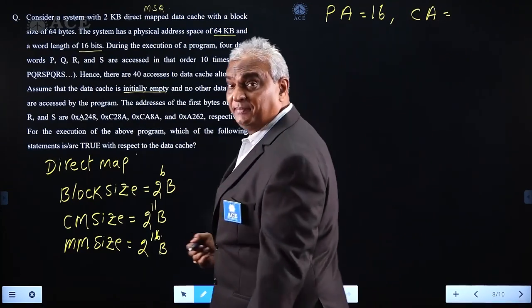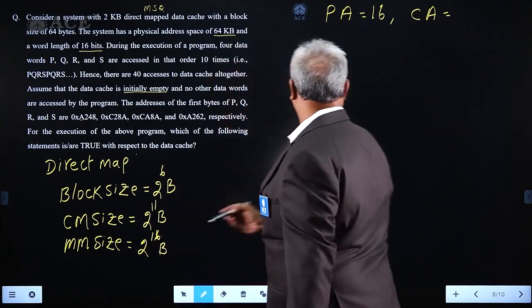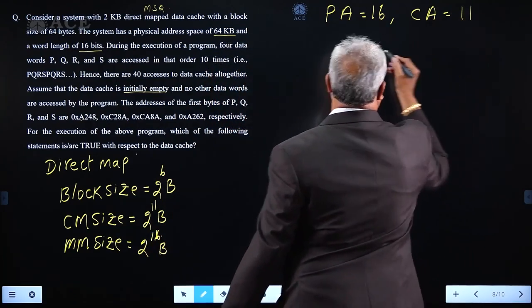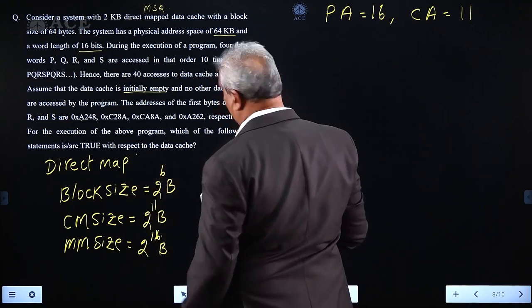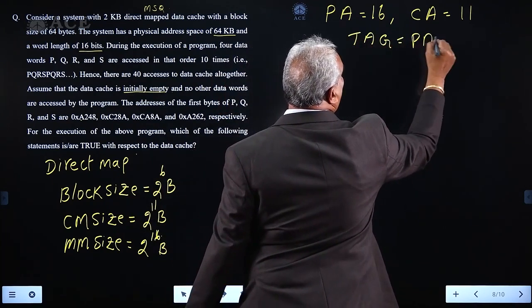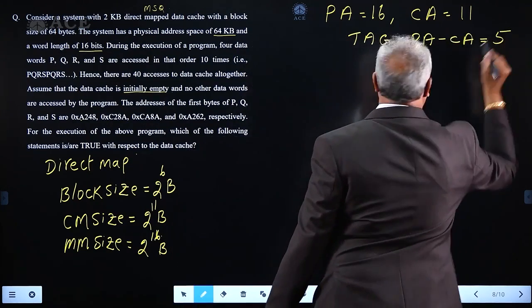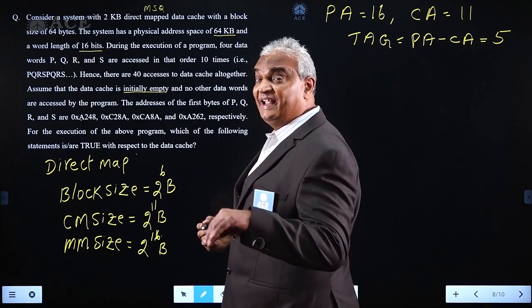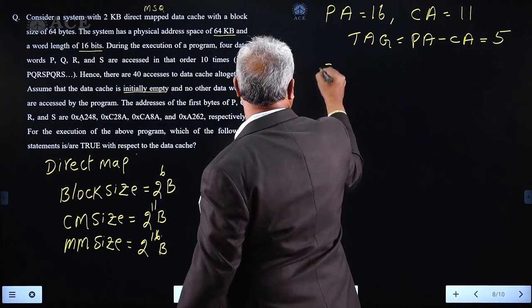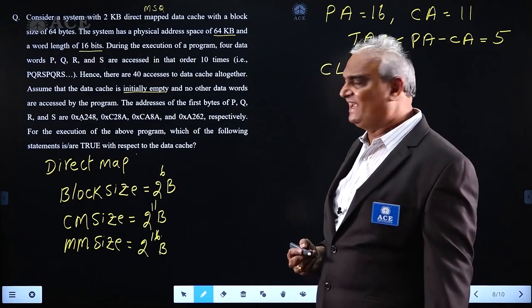Cache address size means to address one of the words in cache memory, how many bits are required? 11. Then since it is a direct mapped cache, tag size is PA minus CA, nothing but 5 bits. At the same time, how many cache lines are there? CL, number of cache lines. One cache block is also known as one cache line.